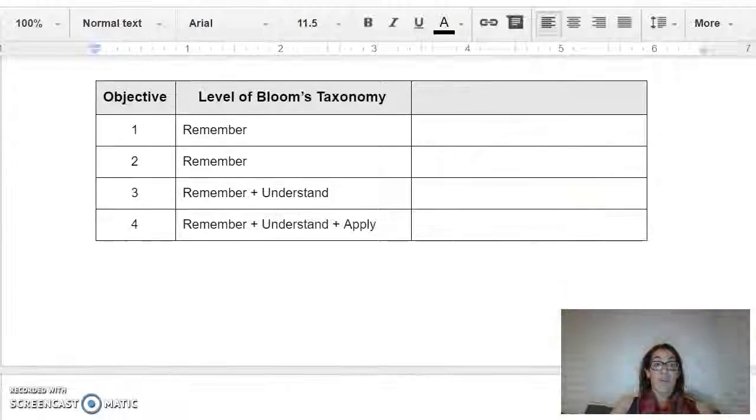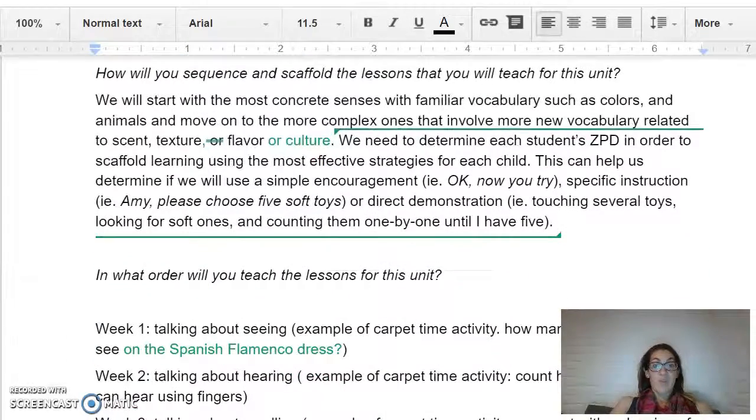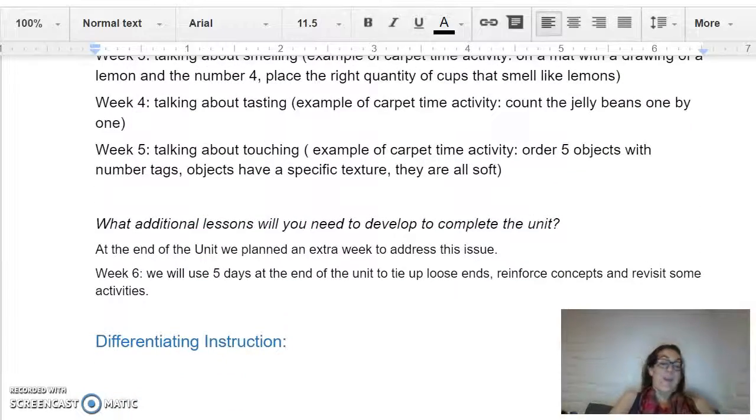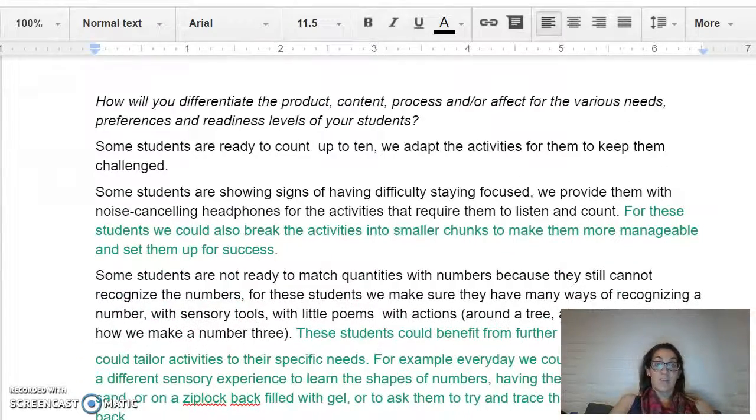So that's a question I can't really answer. I just can't really do it because I didn't teach this unit to the students after having planned it.